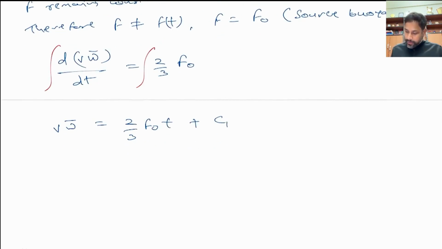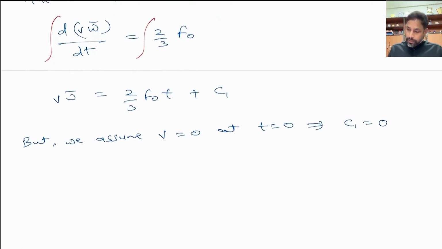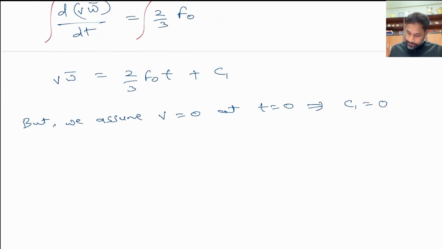C1 is a constant, constant of integration, but we assume V is equal to 0 at T equal to 0, so that gives us C1 equal to 0. Okay, this is for an ideal case.